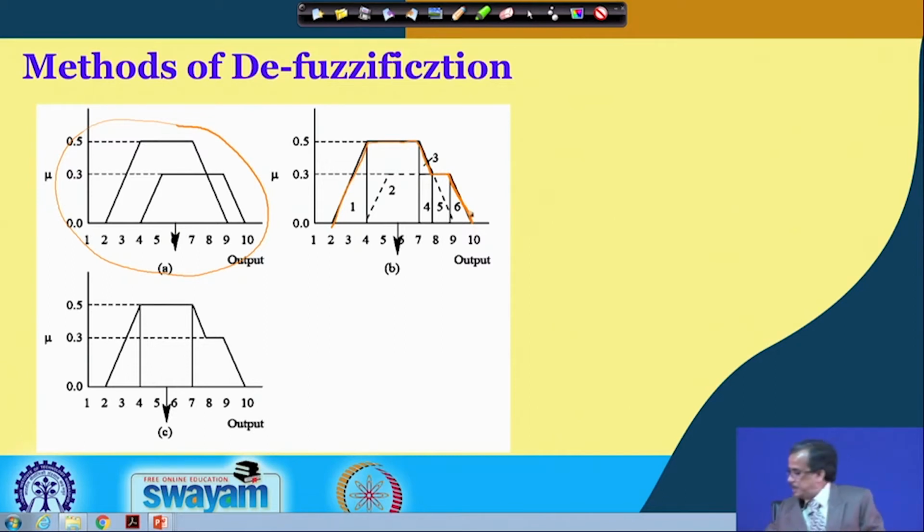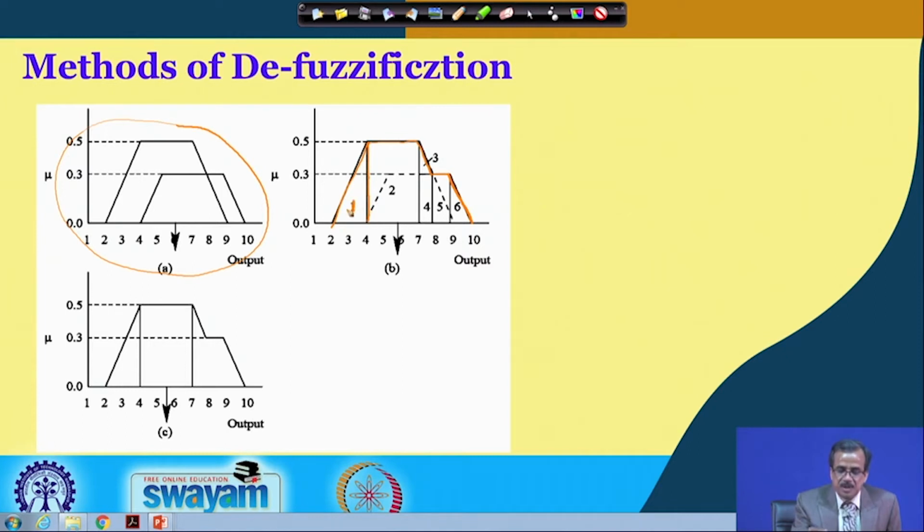So, that is divided into a few subregions, very standard subregions. So, this whole area is divided into a number of subregions.